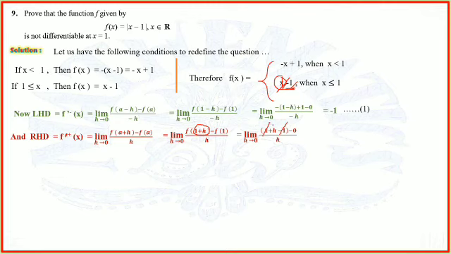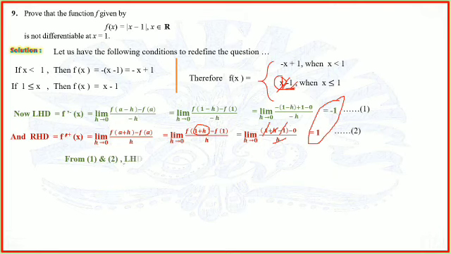So h and h remaining. So this h and this h is also cancelled, which is equal to plus 1. Equation number 2. As you can see now, the minus 1 can never be equal to plus 1. So you understood that left hand derivative is not equal to right hand derivative. Hence the function will not be differentiable.